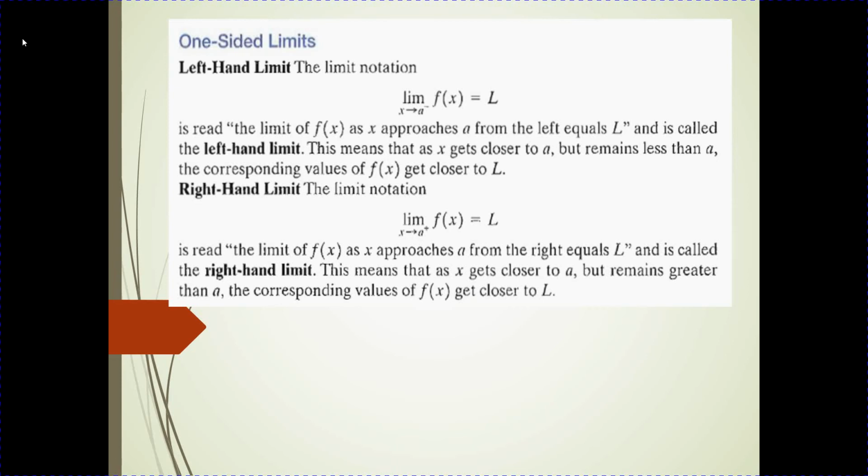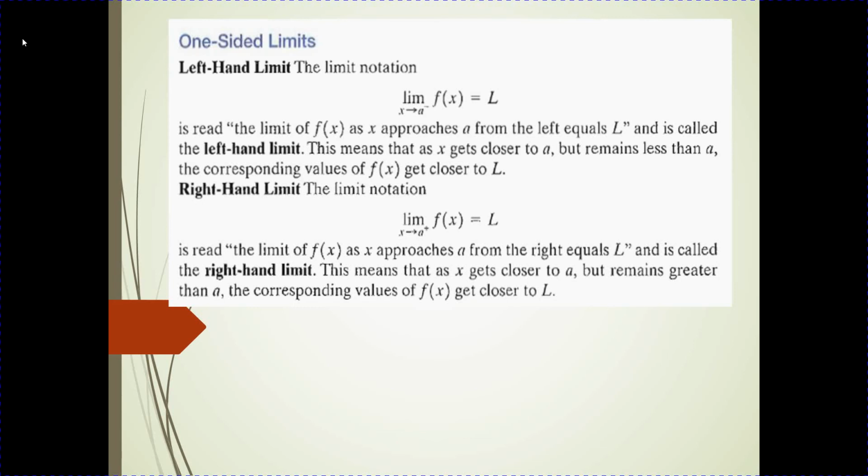So we are going to have the left-hand limit. The limit notation is given here, so you can read this as the limit of f of x as x approaches a from the left equals L, and it's called the left-hand limit. So in the left-hand limit, you take x values which are less than a.